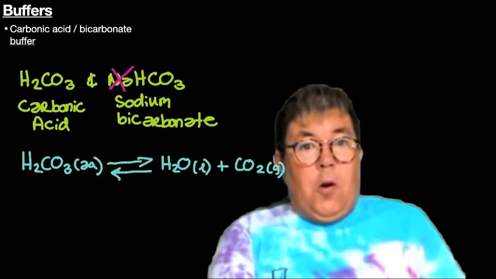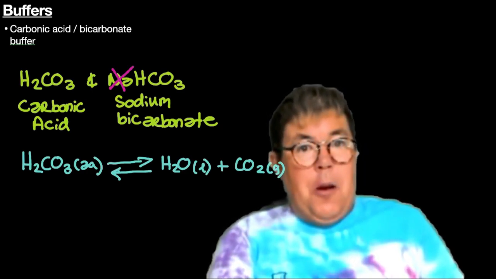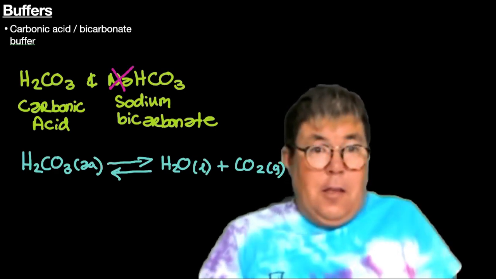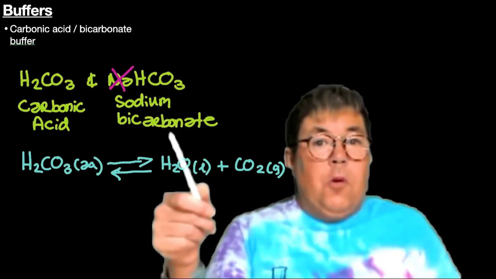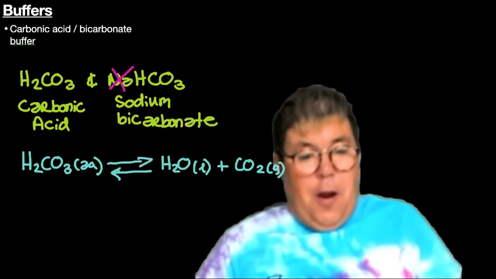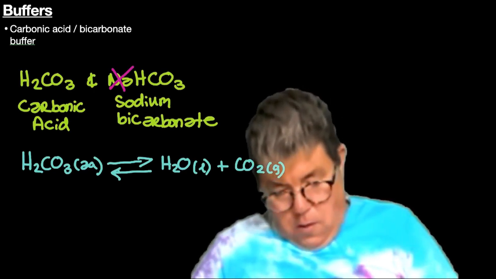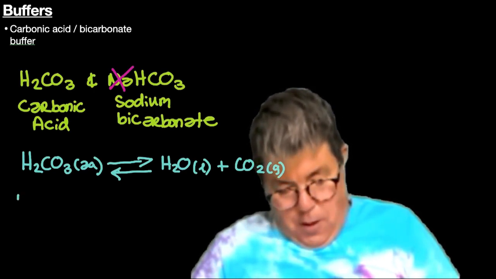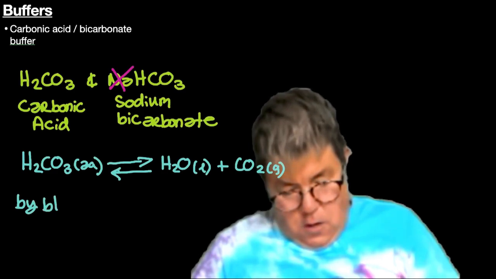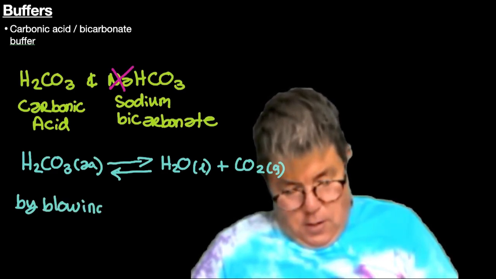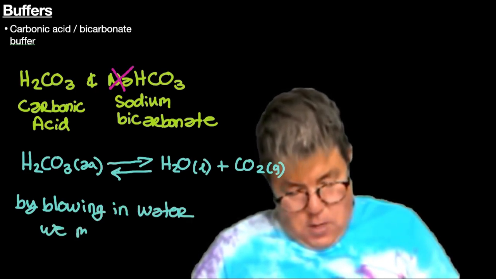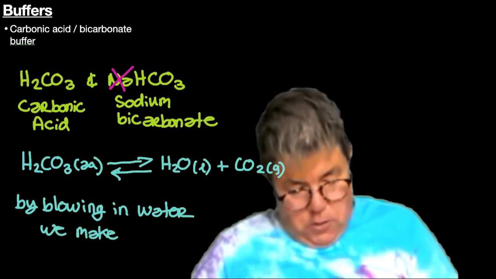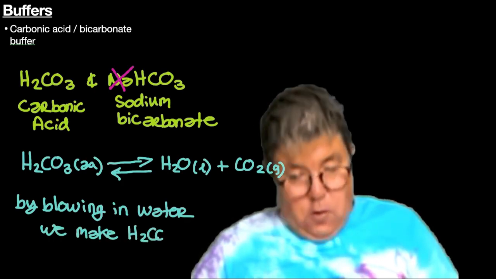So we are going to make the buffer by dissolving sodium bicarbonate in water, and then we're going to generate the carbonic acid by blowing in the water, we make H2CO3.